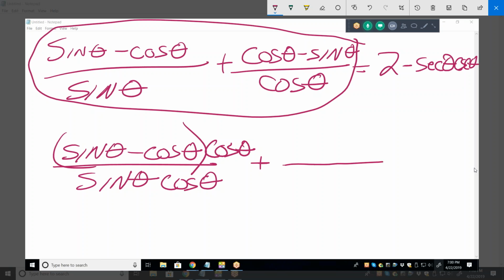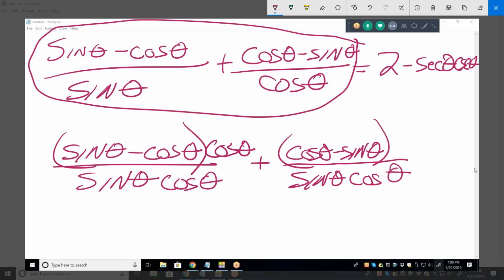Okay, tell me what the right side is equal to. It's going to have the same common denominator. And then it's going to be cosine theta, sine theta, in parentheses, and then sine theta on the outside. Okay, now let's distribute.